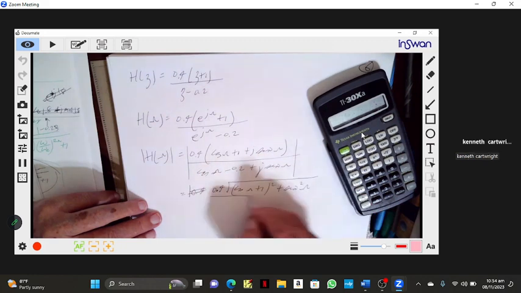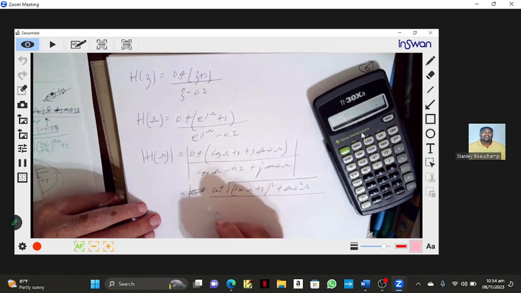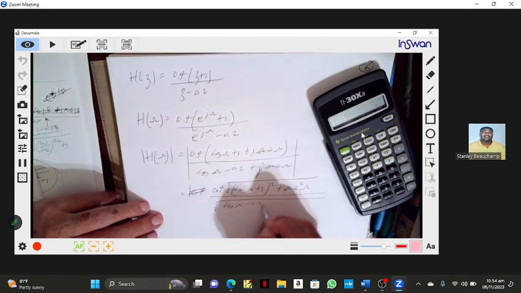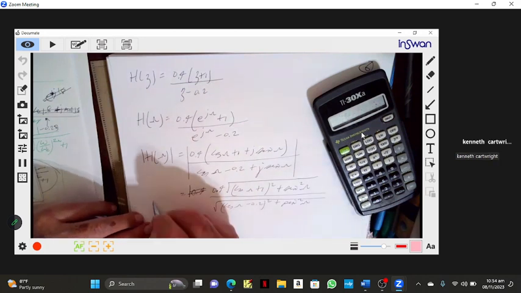What's the bottom? Now the bottom is the square root of cosine omega minus 0.2 all squared, plus sine omega squared. That's the magnitude.